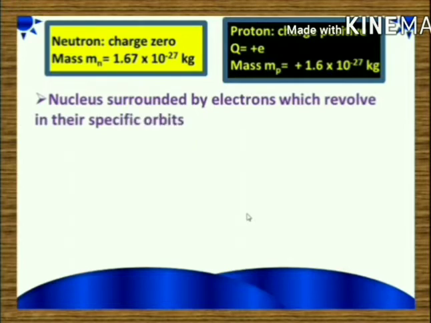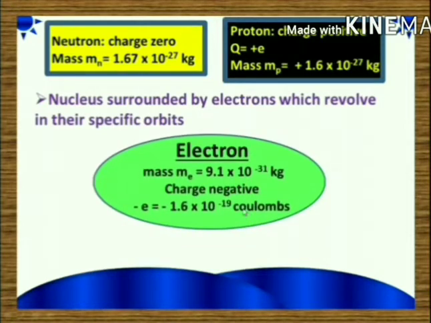Electron is a negatively charged particle and its mass is very small compared with the proton and neutron. The mass of electron is 9.1 × 10^-31 kg. Its charge is 1.6 × 10^-19 coulombs, negative.